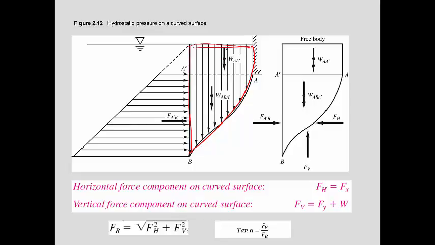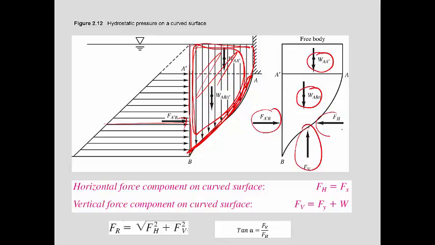There's a vertical component, which is the weight of the water on top of this surface. And then, of course, there's the horizontal component from the pressure from the water on the side. So you have here this weight because it was cut into two pieces, and then this. So you have a vertical and a horizontal.